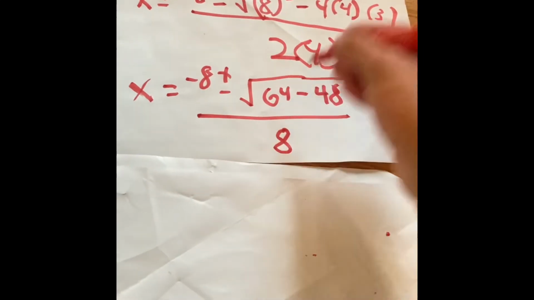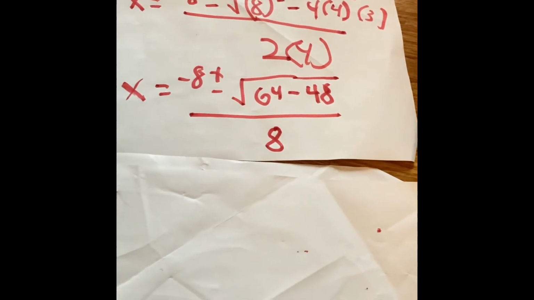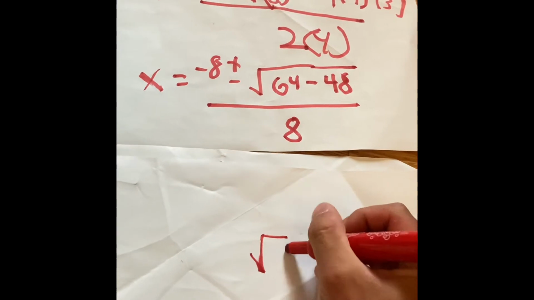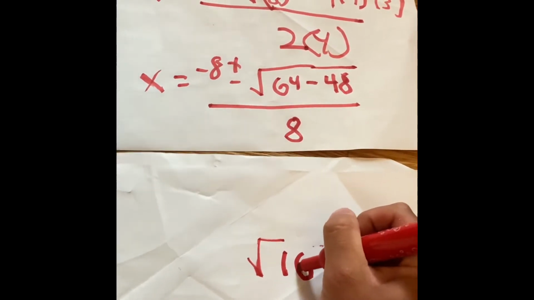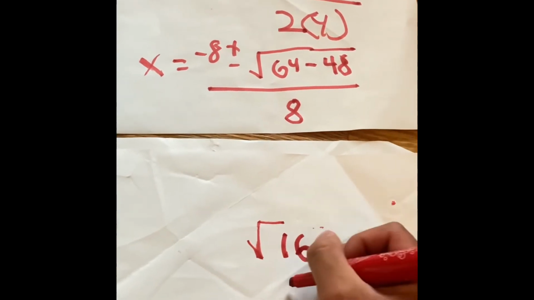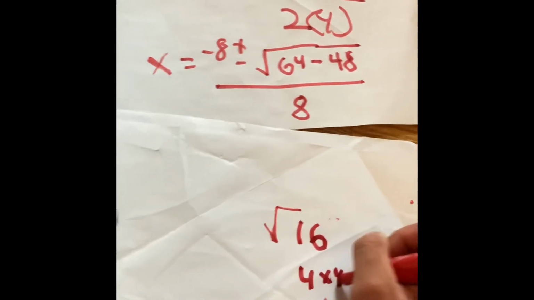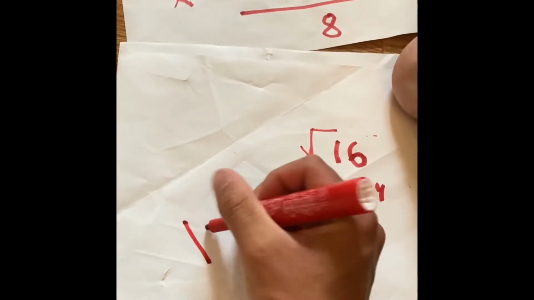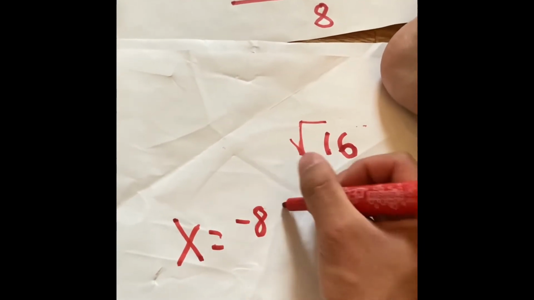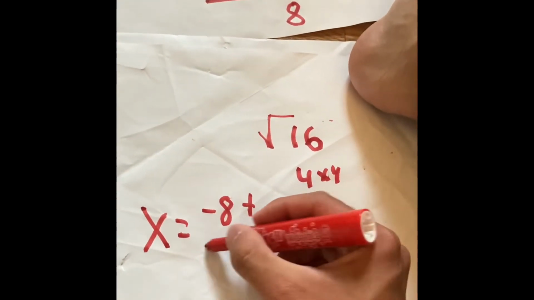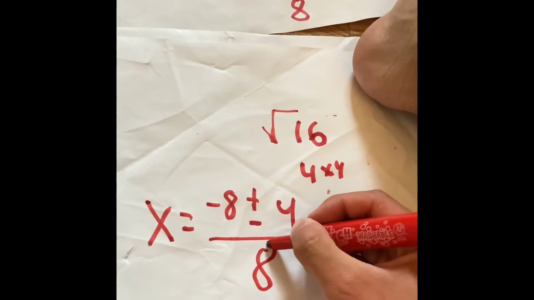So the square root of 64 minus 48 gives us the square root of 16. And the square root of 16, we can turn into a 4, because 4 times 4 is 16. So now our new equation is x equals negative 8 plus or minus 4, because we got rid of the square root, divided by 8.